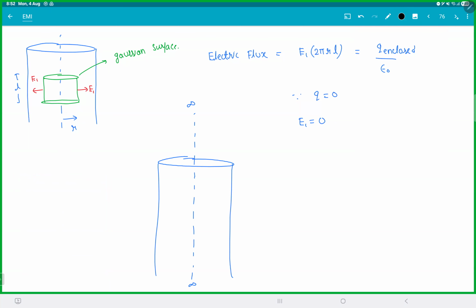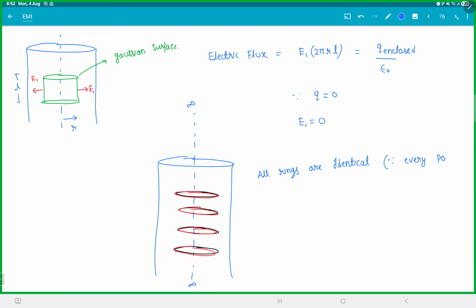That means if you consider these rings, all these rings are identical, since every point is a midpoint, due to infinite length.